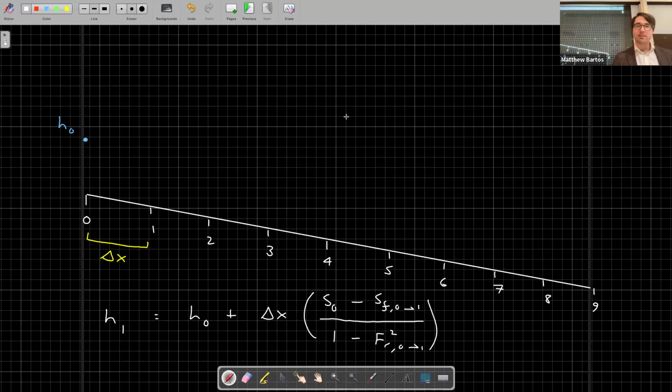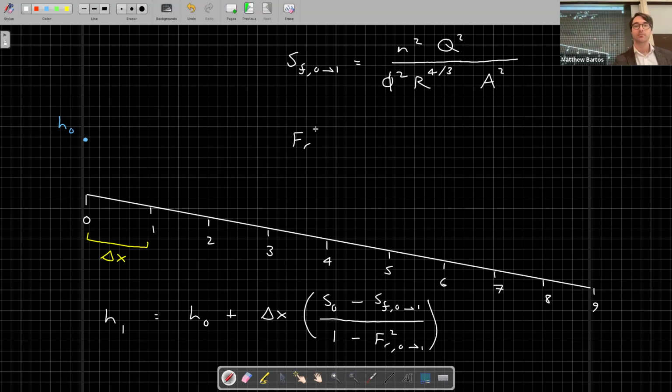So let's just think about what these two expressions here are. We have the friction slope from 0 to 1. This is going to be equal to n squared times q squared divided by phi squared R to the 4/3, times A squared.